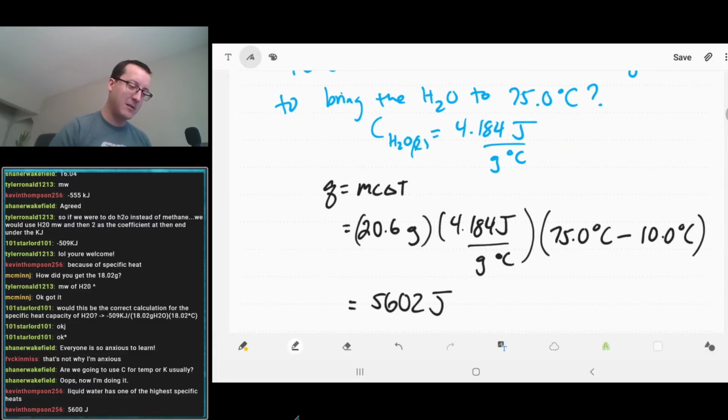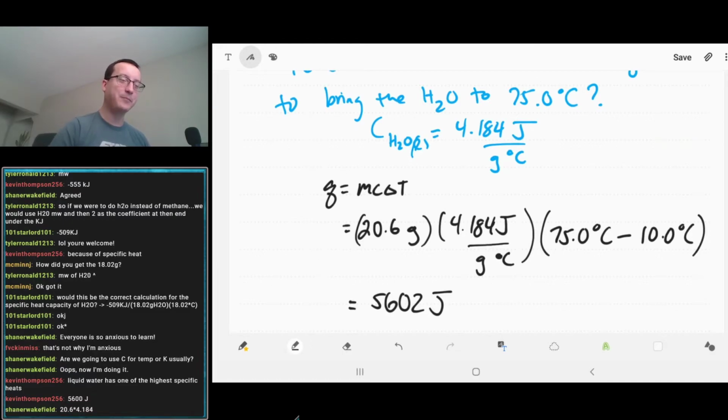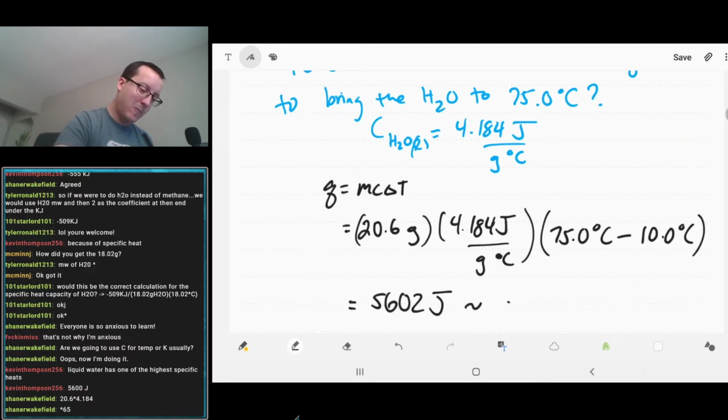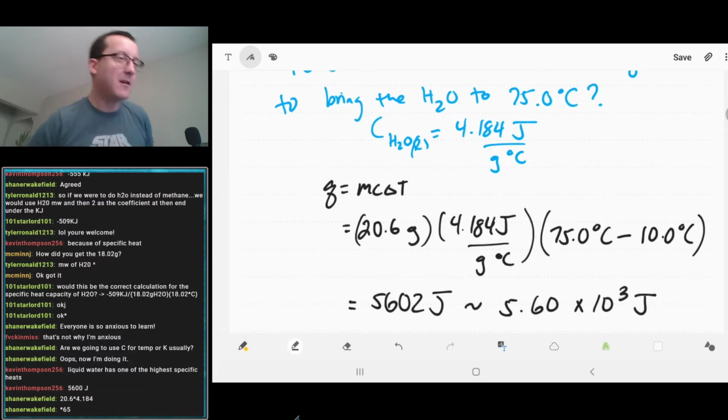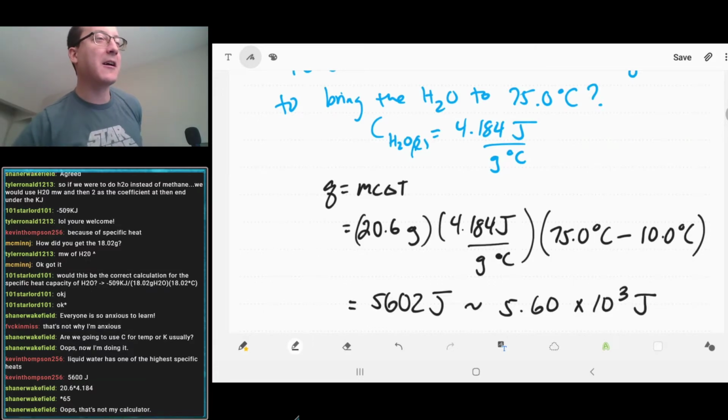Aha, but look. All these things are going to need 3 sig figs, right? Ha ha ha. Yeah, I know. I use Google as my calculator usually. I just type stuff in, so. We need 3 sig figs on this one. I finally got Kevin.